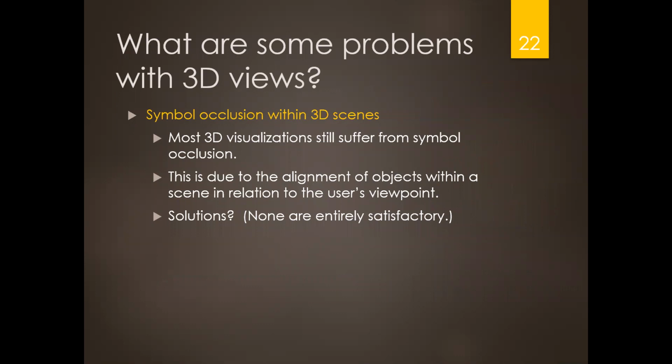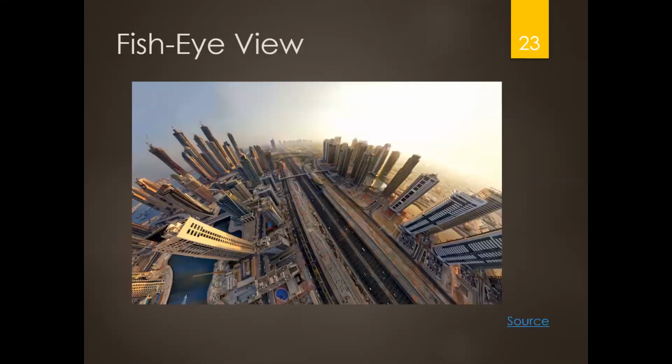Most 3D geovisualizations, or more broadly, visualizations, still suffer from symbol occlusion. If we use another word, it's called symbol blocking. So there are multiple solutions for this, but before that, let's see this example.